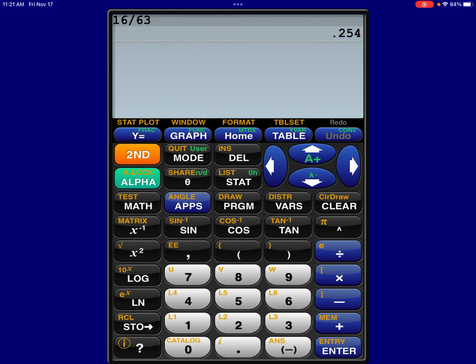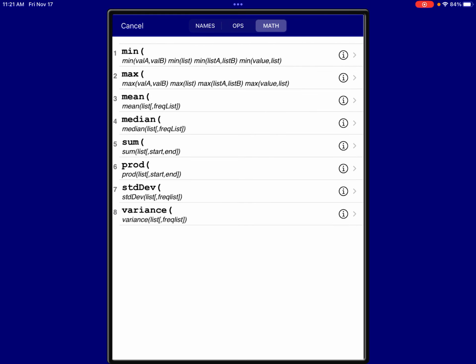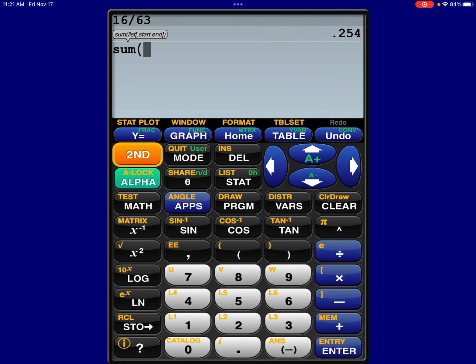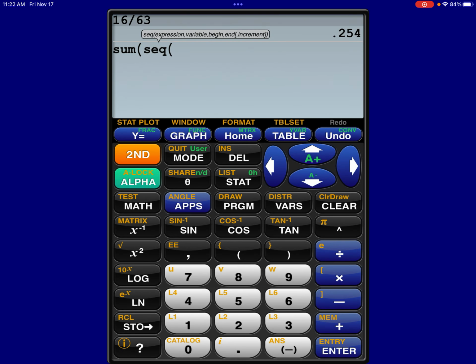And then to check that answer, I can do the sum sequence. So go to the list, do the math, do the sum. Next, do the list, operations, the sequence. And then with this one, I have to type it in myself. I'm going to type in the very original problem, 2 raised to the n plus 3.